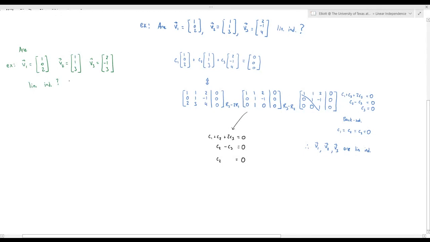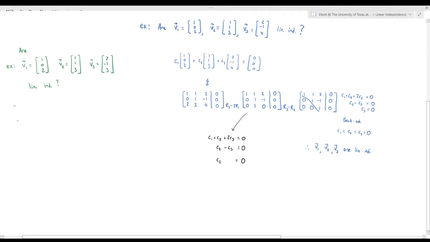Okay, so I'm going to approach this example the same way that I did the previous one. We have this equation that we're trying to solve. I ended up setting up this augmented matrix, so I'll do that for this one as well.